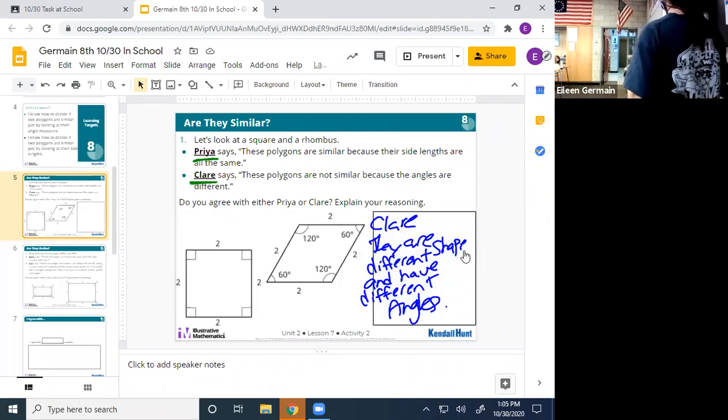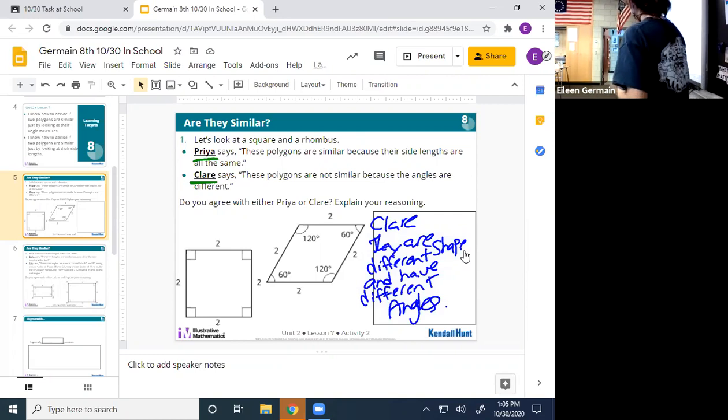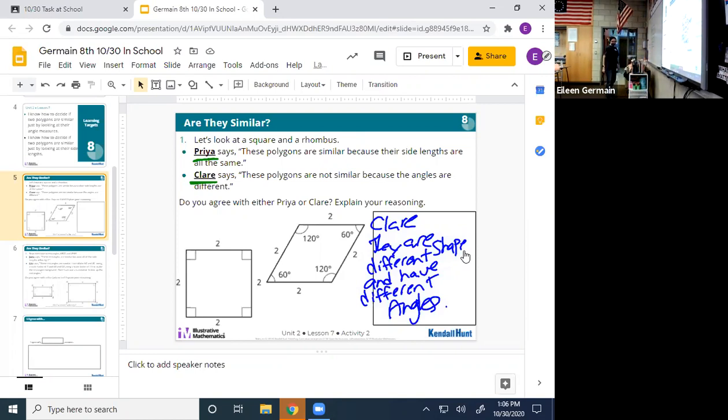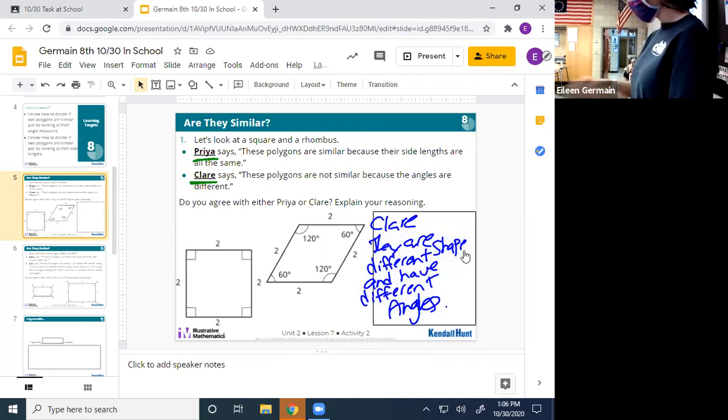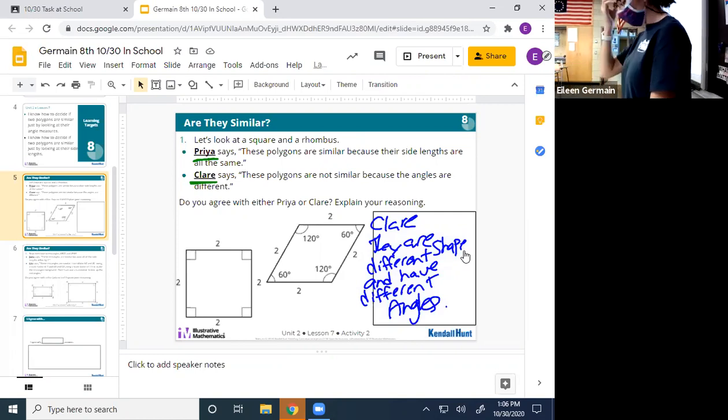We're looking at the angle measures, okay? Awesome job. In your textbook, you should have this reason why and this answer to the question. So, in your text, it looks like this, and you should be writing down these reasons that we're talking about. Who do we agree with and why? And we put down Claire because they're not the same shape, okay?